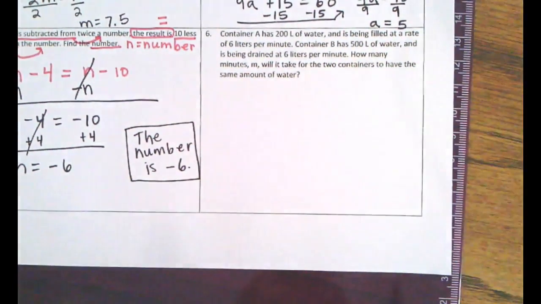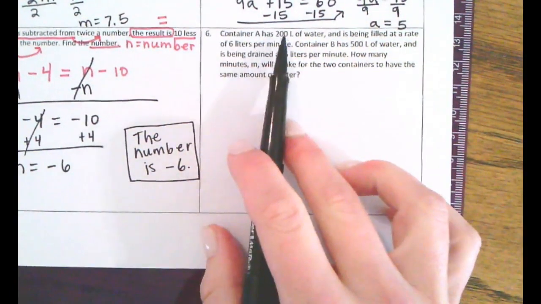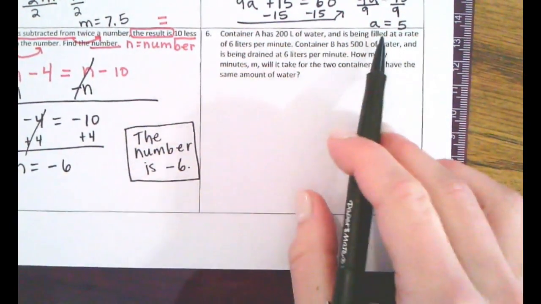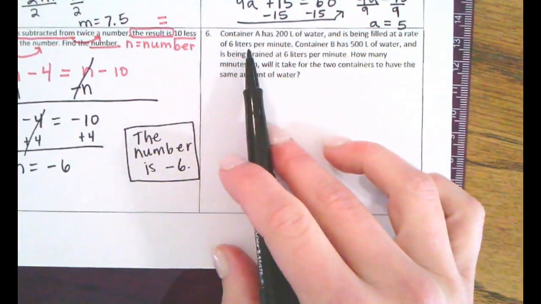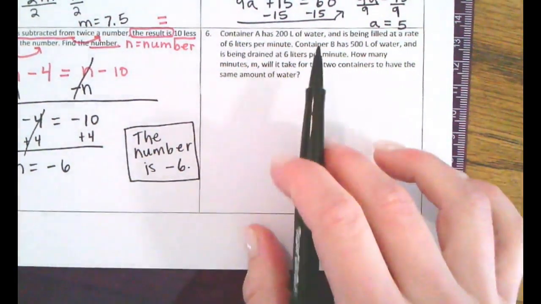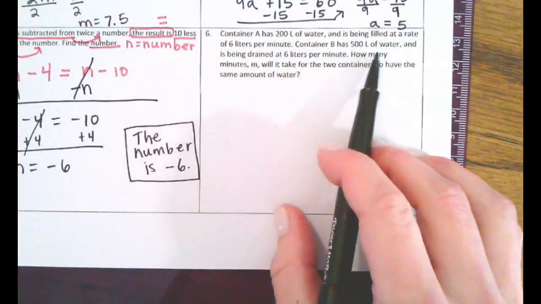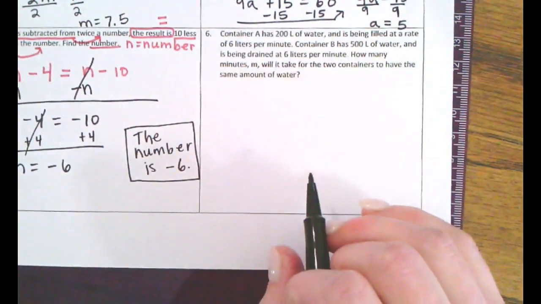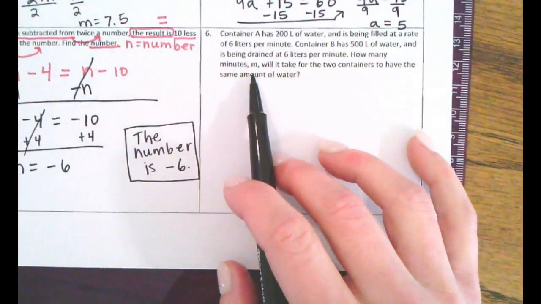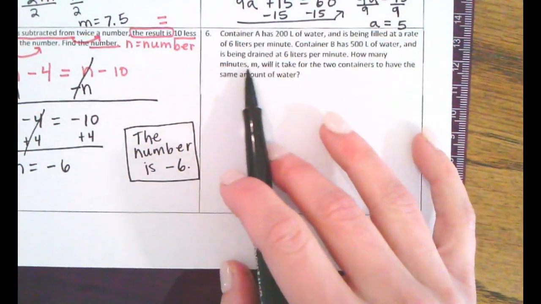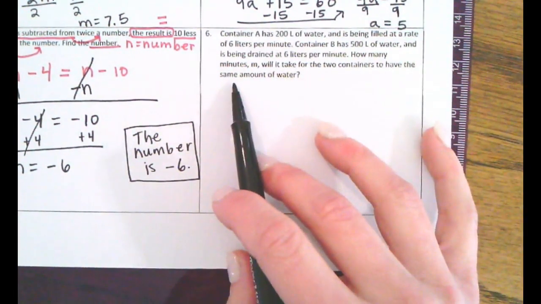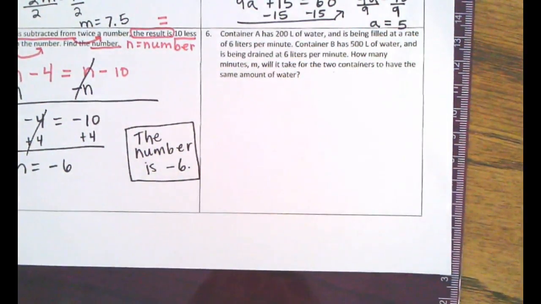A container A has 200 liters of water and is being filled at a rate of 6 liters per minute. Container B has 500 liters of water and is being drained at 6 liters per minute. How many minutes, M, it has told us this time our variable, will it take for the two containers to have the same amount of water?